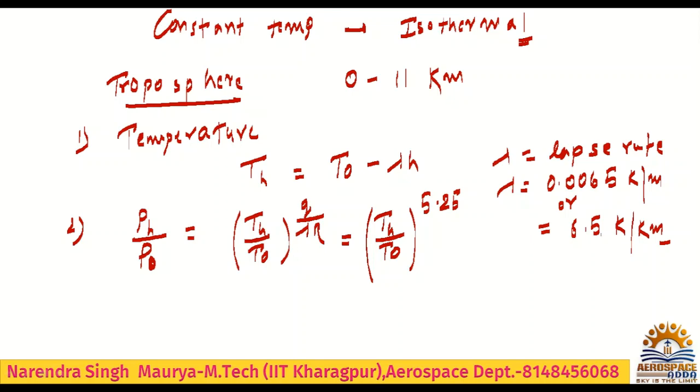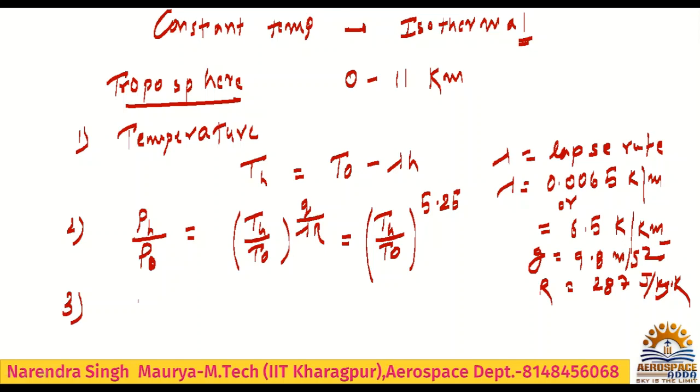What is lambda? 6.5. G is the sea level gravitational acceleration in meters per second squared. R is, because in atmosphere we have air, 287 joule per kg Kelvin. That you know.